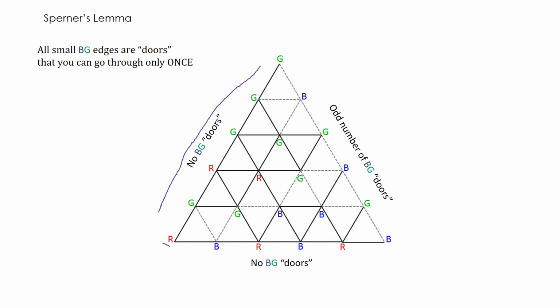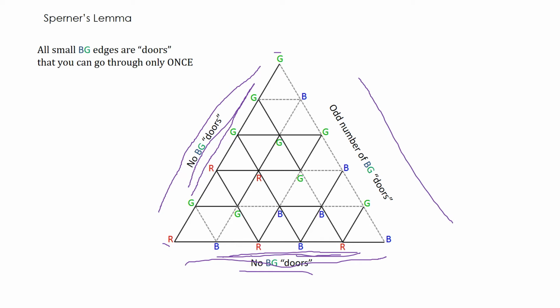Since the two vertices at the corners are R and G, all of these inside vertices are labeled R and G. So there is no B. In other words, we don't have any BG door along this edge. Likewise, along this edge, all the inside vertices are labeled either B or R, so there are no G or green vertices here. In other words, we don't have any BG doors here either. But on this edge, we have an odd number of BG edges.